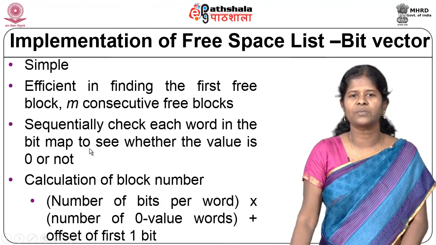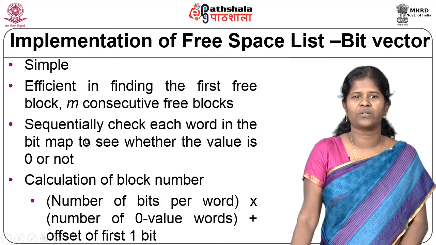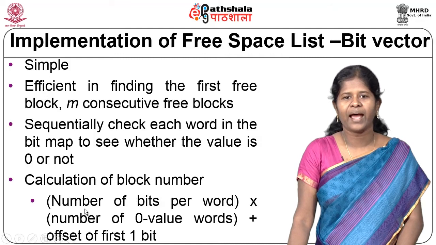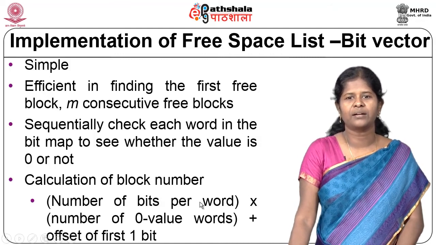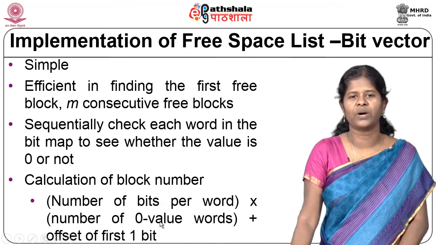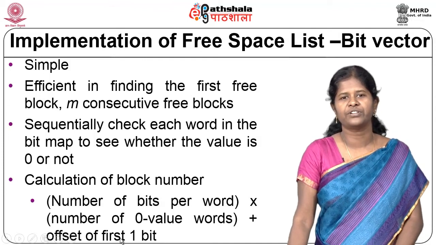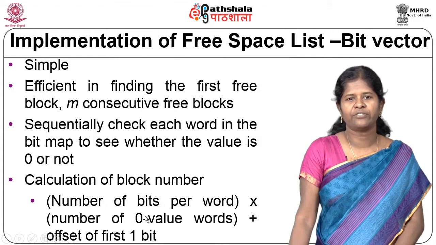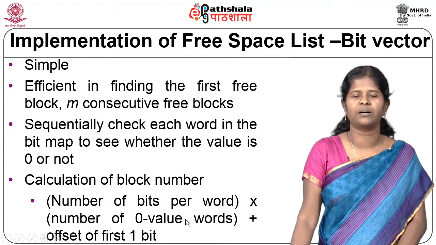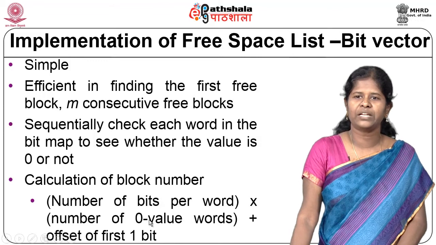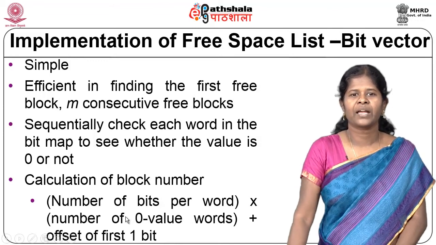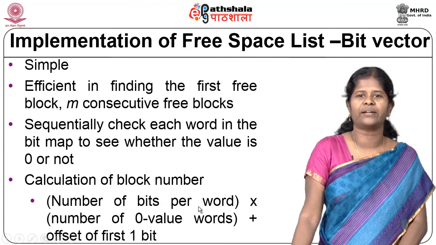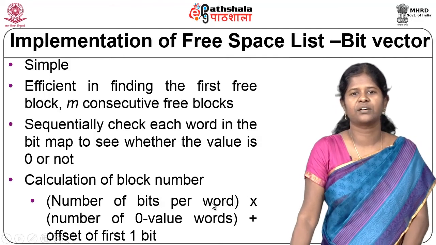It is also possible to calculate the free block as the number of bits per word times the number of 0-value words, plus the offset of the first bit. That is, if you have say 8 bits per word, you skip across the words with all values 0 and try to find the first 1 bit.